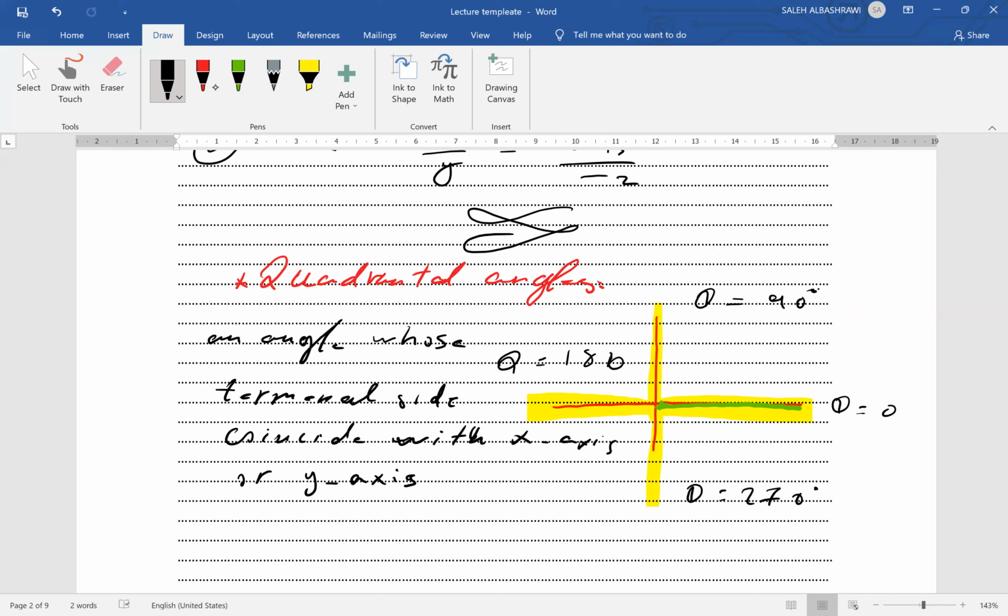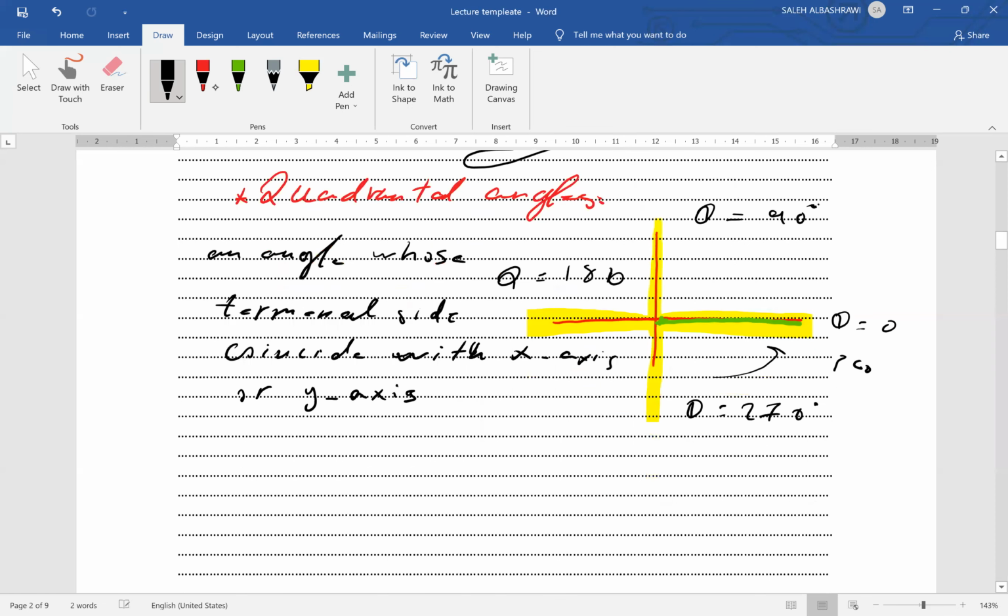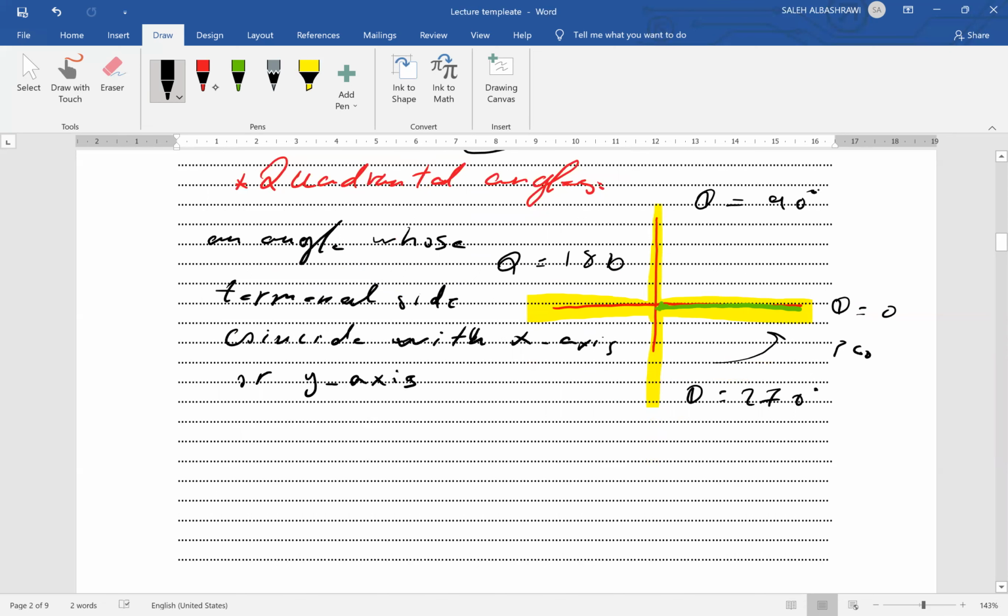So now I have 4 quadrantal angles, or if we add one more, I will have also 360, which is equal to the 0. Now we need to find the 6 trigonometric functions for these quadrantal angles.